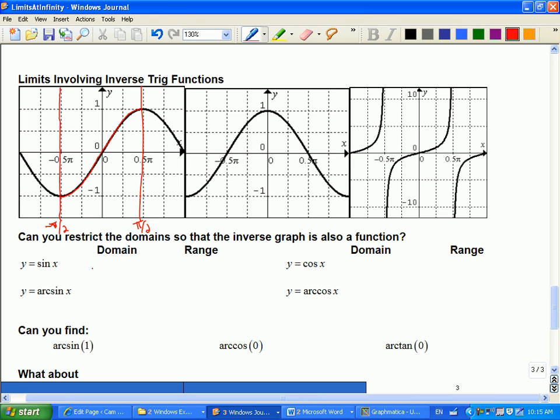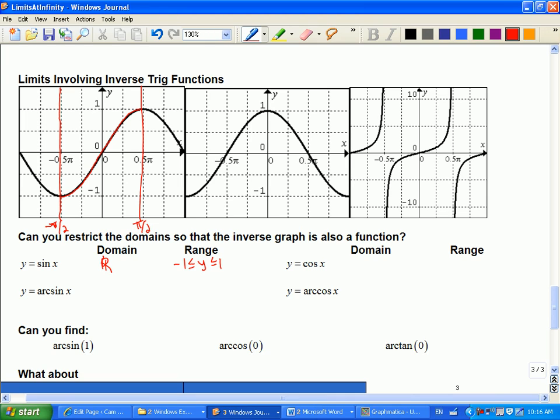So if the sine graph normally has a domain of all real numbers, what's the range of sine again? Good, it's probably insulting that I keep asking you this, but negative 1 to 1.